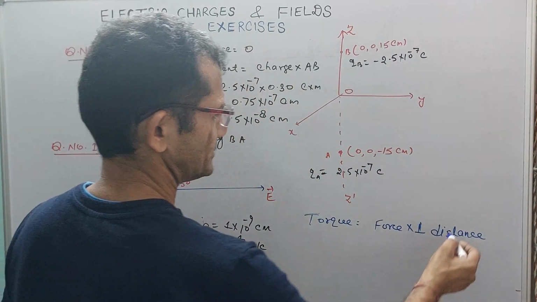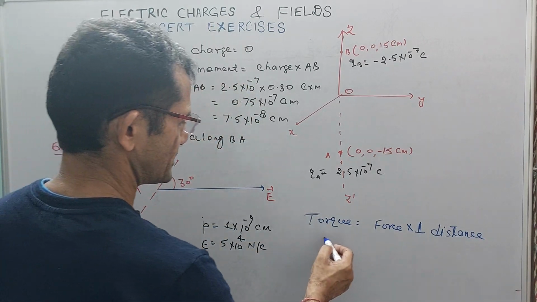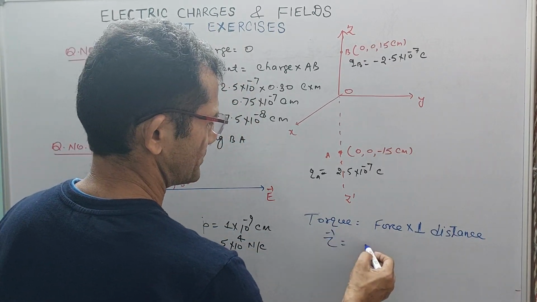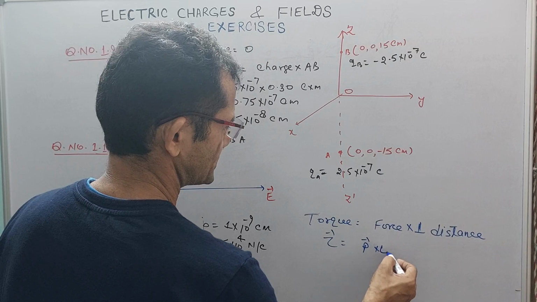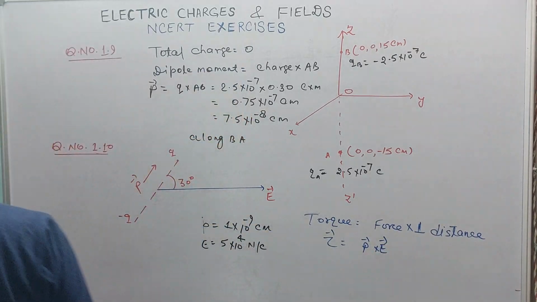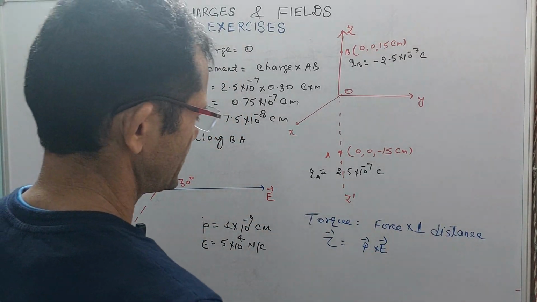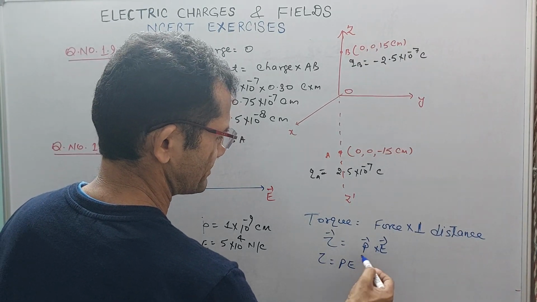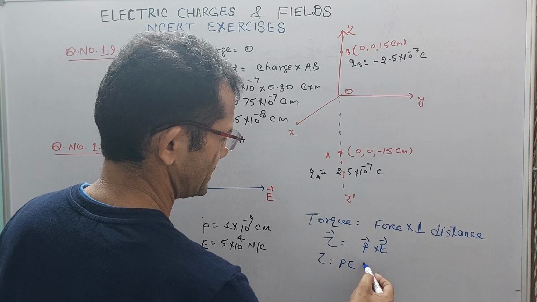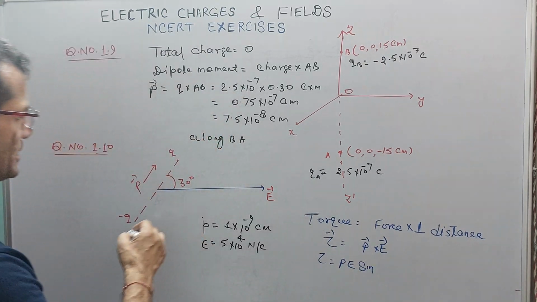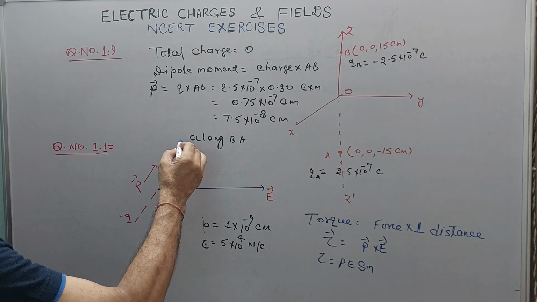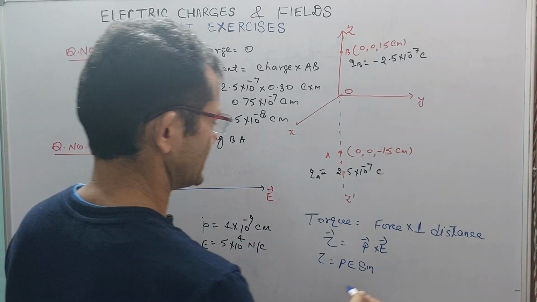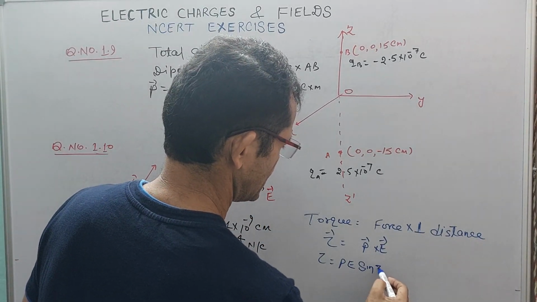This is the general formula; we represent torque in vector format as P cross E. So here in magnitude, torque is equal to P cross E, which means P E sine of the angle between the direction of dipole moment and electric field, which is 30 degree. It means sine 30 degree.